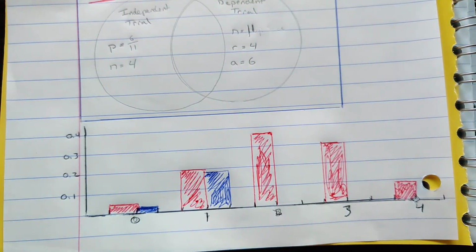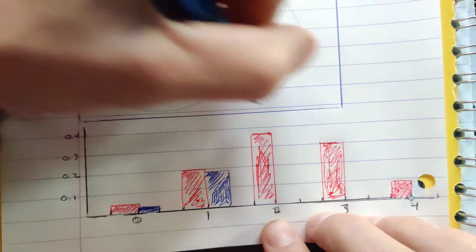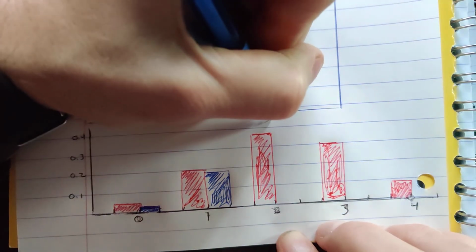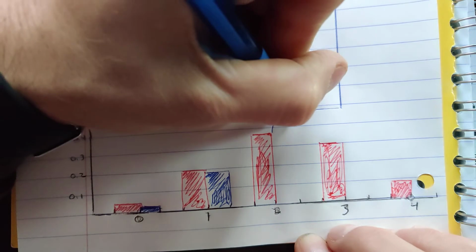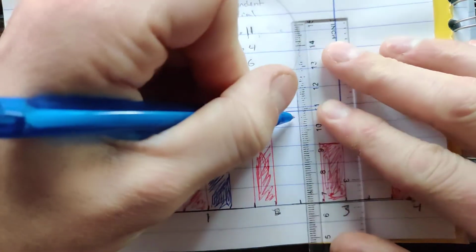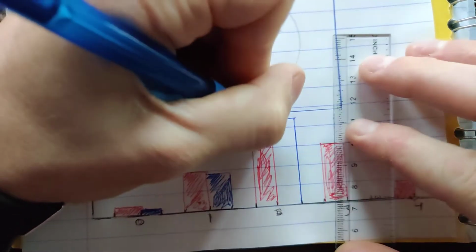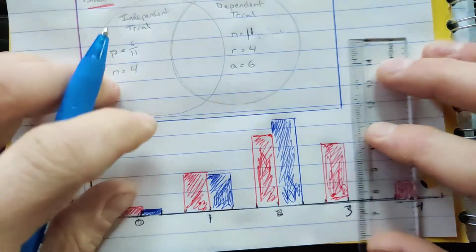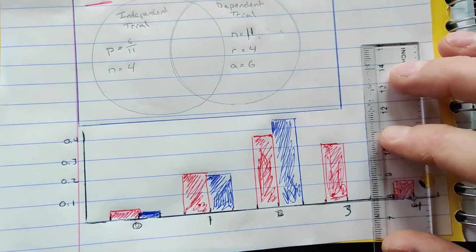Then we get a greater chance, all the way up to a 45% chance of drawing 2 without replacement. That is a 2 down there. It's not quite visible. My pen's not working very well.